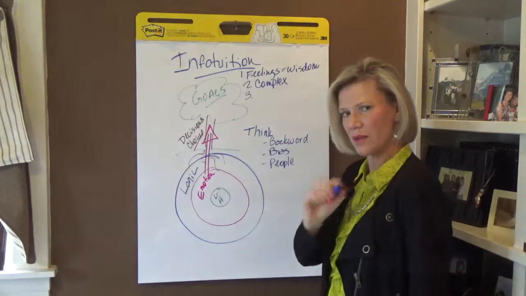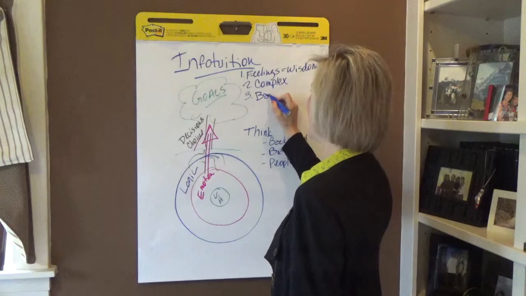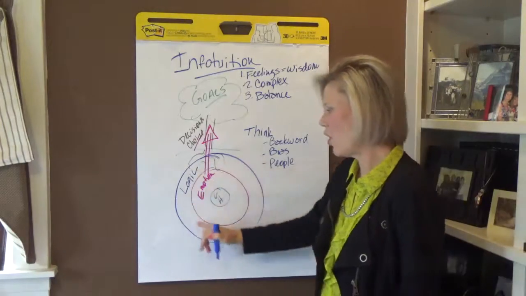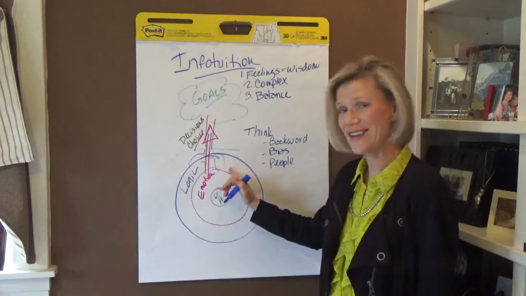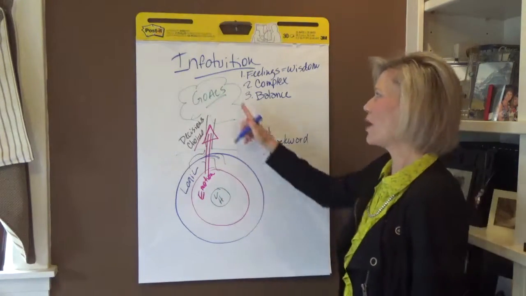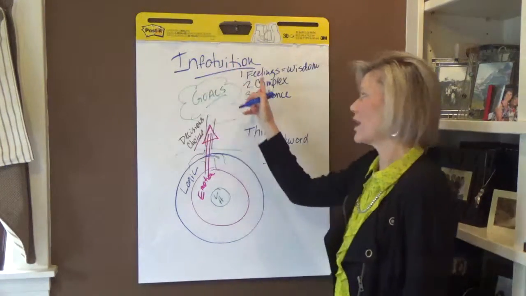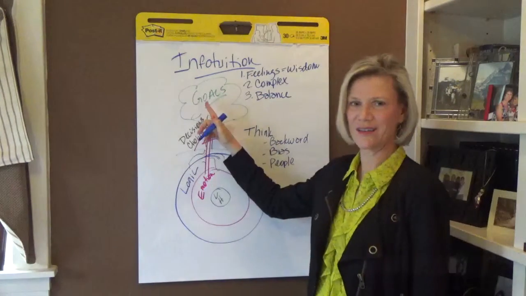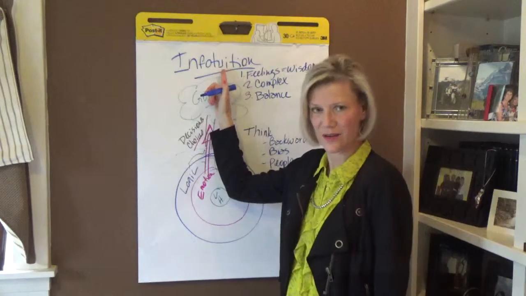In those complex situations, what the research shows is that the most effective decisions are a balance between all of these parts of the brain, the thinking and the feeling parts, the cognitive and the intuitive parts. That's what makes an infotuitive decision. For complex situations, you need to balance all of this to get to the infotuitive decision.